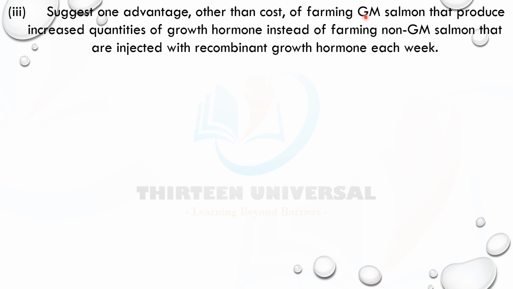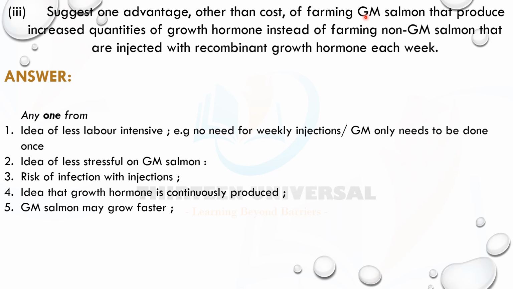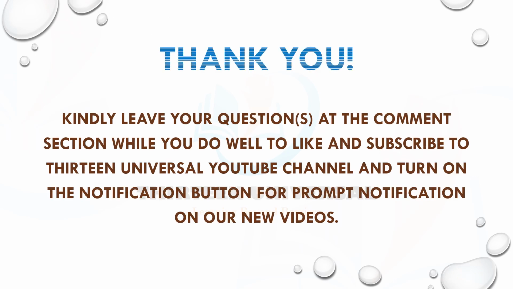Okay, and because you don't have to inject it, there's less risk of infection. Okay, all right, let's look at it. So less labor intensive, less stressful, less risk of infection, or the growth hormone is continuously produced, so GM salmon grow faster than injecting this.